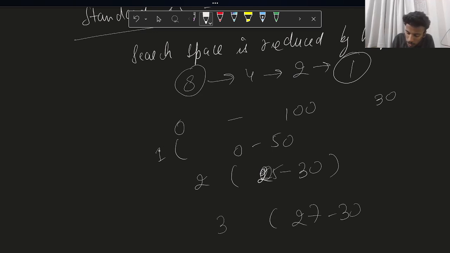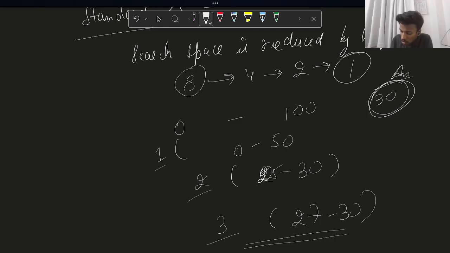So as the number of iterations increases, you are getting closer and closer to your answer each time. Why? Because your search space is being reduced by half. Earlier it was 100, here it's 50, and this keeps on going.